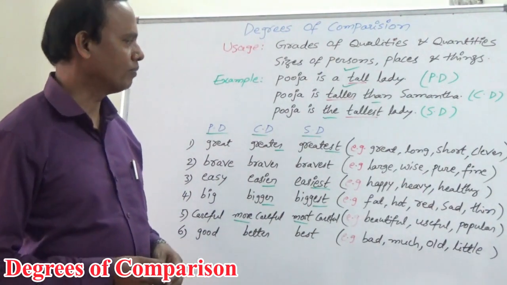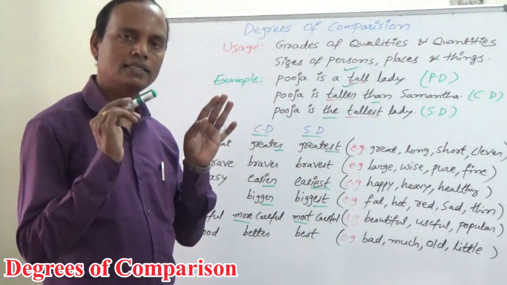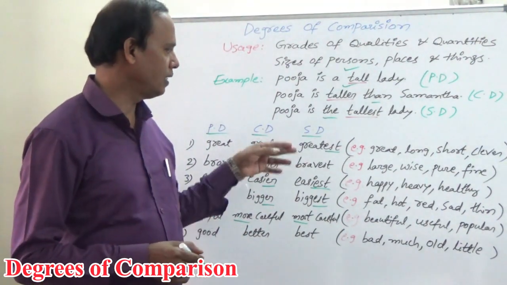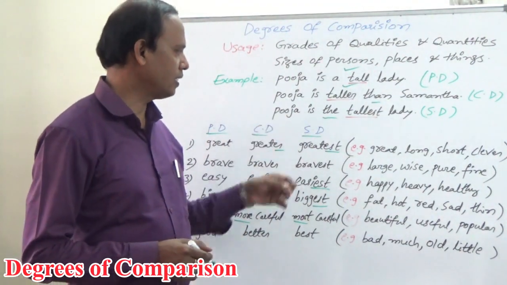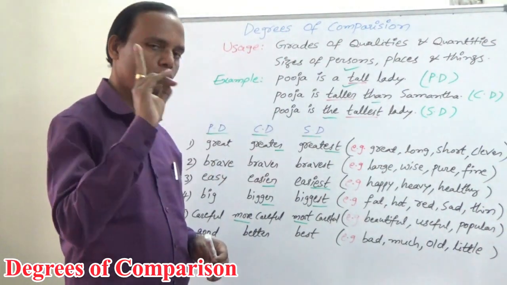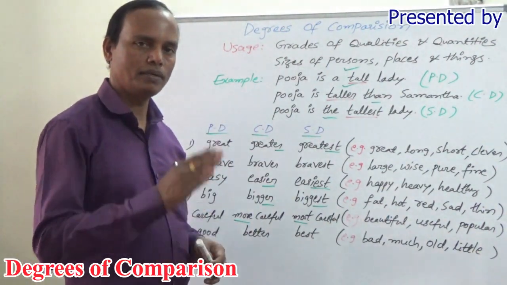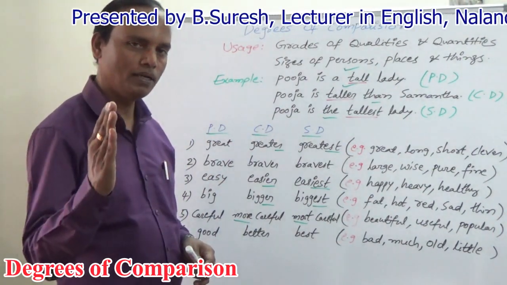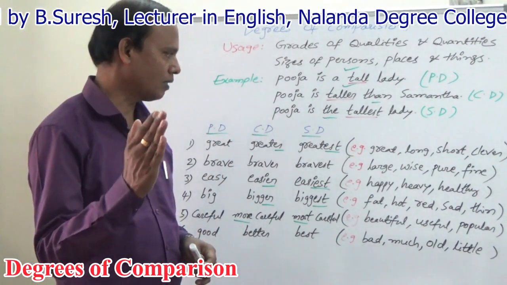My next example, Pooja is taller than Samantha. Here in the second example, you compare two people. You compare the comparison between two people, Pooja and Samantha.